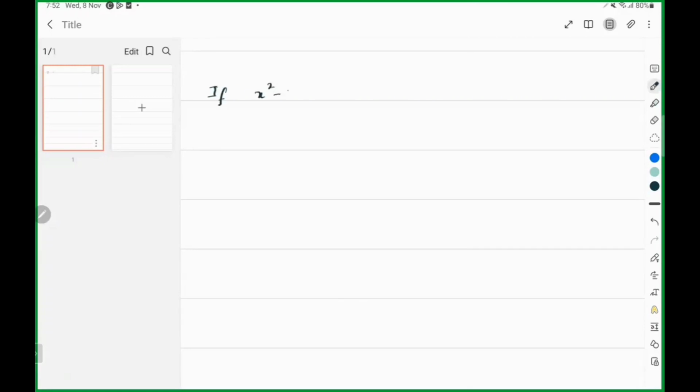If x square minus 5x plus 5 is minus 1, that is x square minus 5x plus 6 equal to 0, which implies x equal to 2 comma 3.